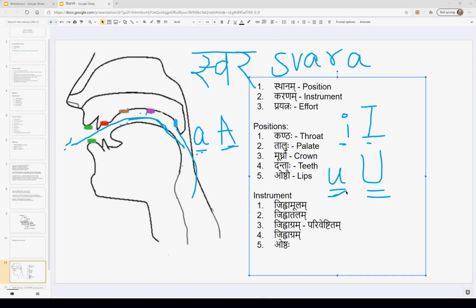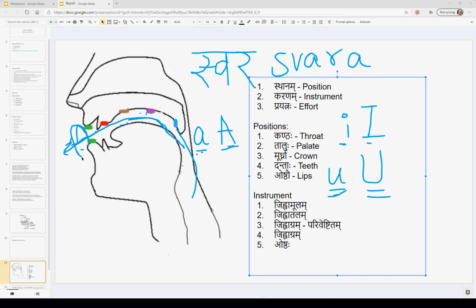And when we say u, there is a constriction with the lips, or the modulation with the lips. So for u the air is being thrown out with the rounded lips here. So there is no touch here at all. So these three will perfectly fit when we say swara.